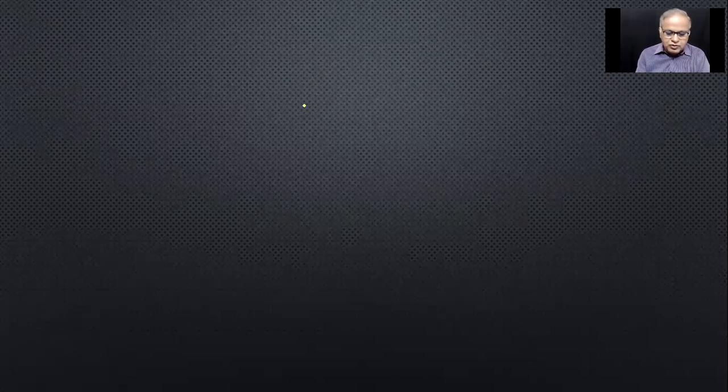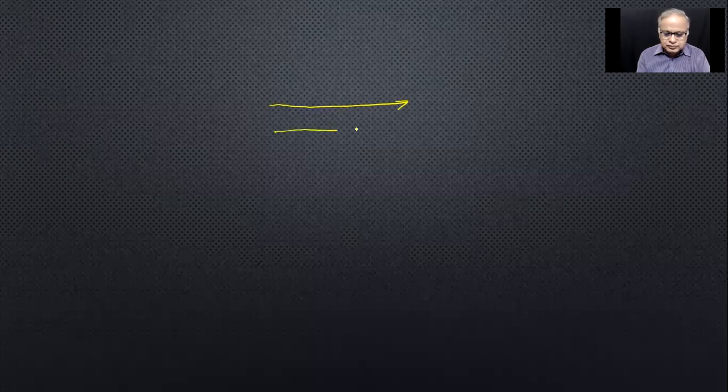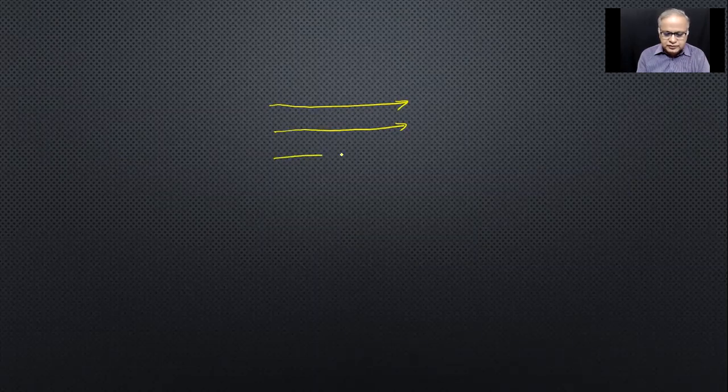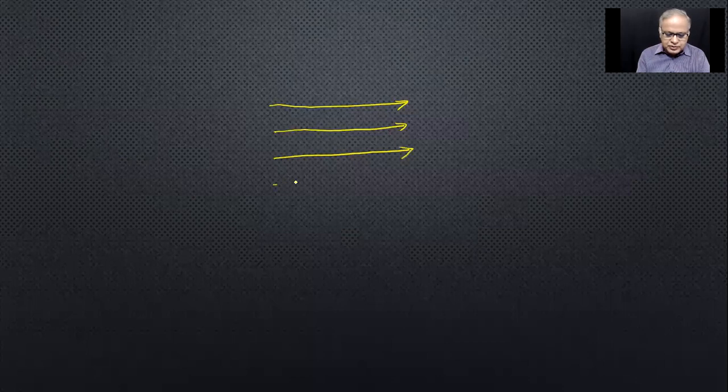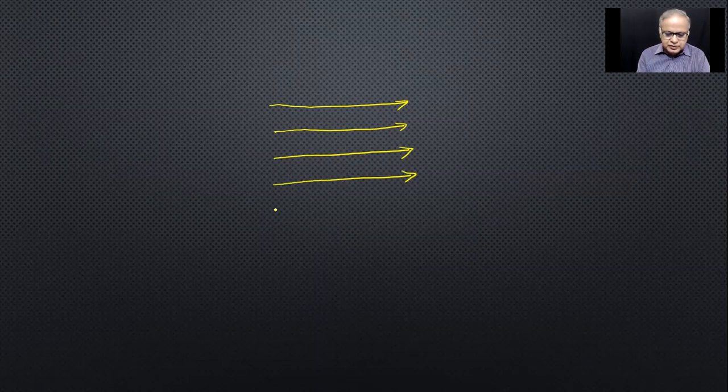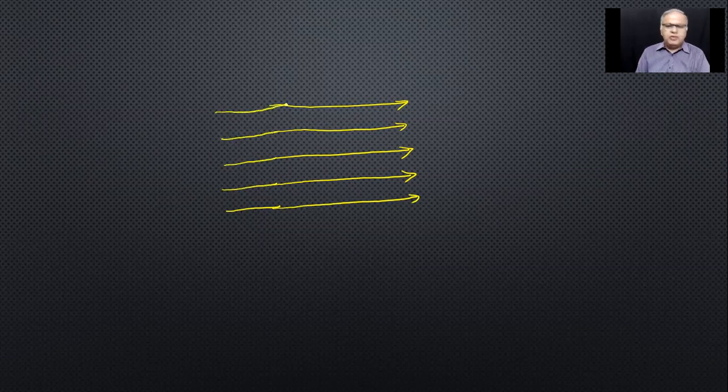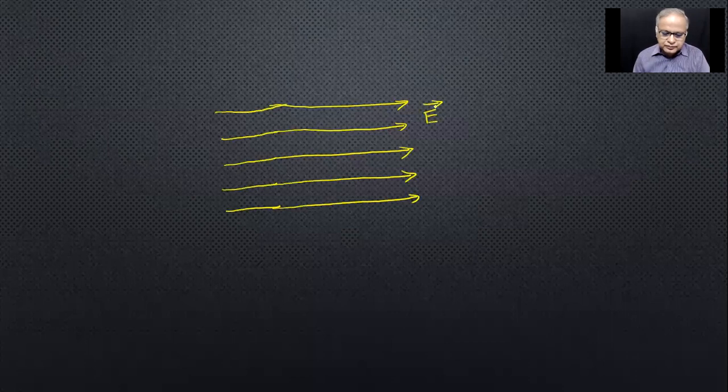Right. Now, we'll go back again to that figure. There was a uniform electric field in which the dipole is suspended. The uniform field is shown by the parallel field lines.